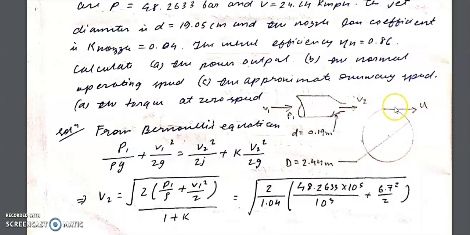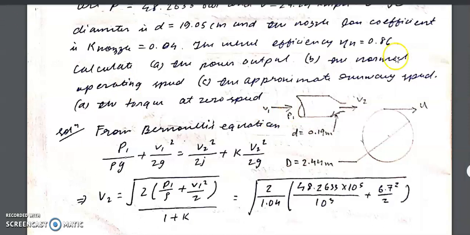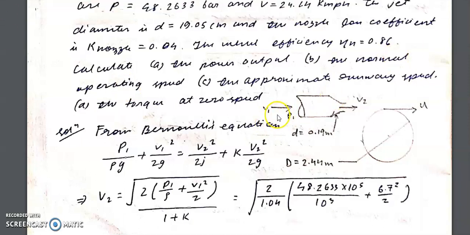Here I have drawn the diagram of the nozzle, where this is the outlet, V2, and this is the inlet.